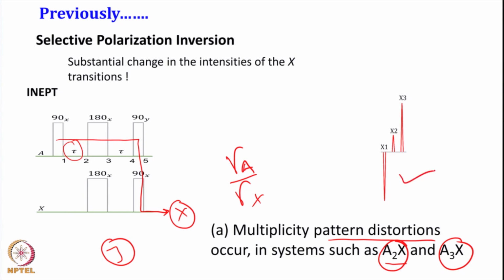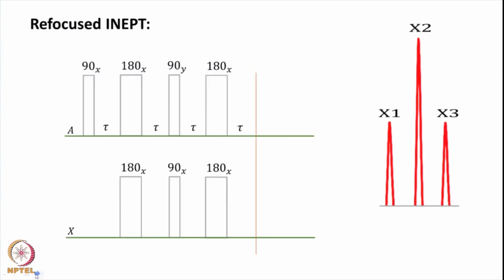To get rid of this, we just saw that if we add an additional spin echo sequence to the INEPT, which is called refocused INEPT, we can get rid of the different signs of the multiplicity peaks, and all can be positive. So, same like INEPT, we are starting with a 90-degree pulse, then applying simultaneous 180-degree pulses.